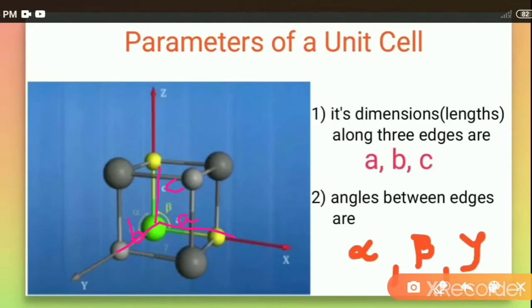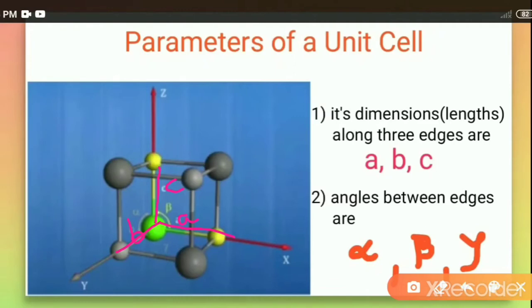So the lengths of the 3 edges are represented as A, B and C. These are the 3 parameters, the dimensions along the 3 edges.